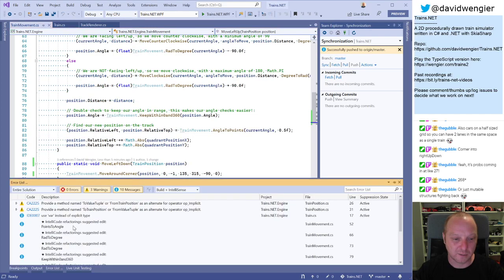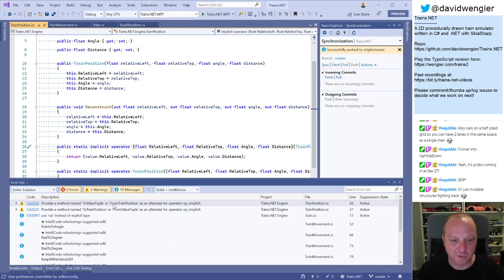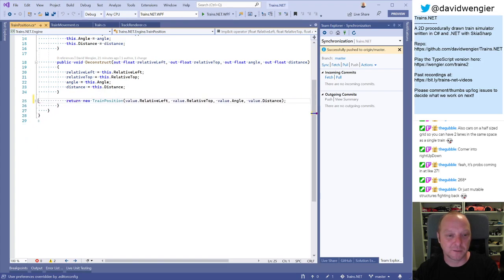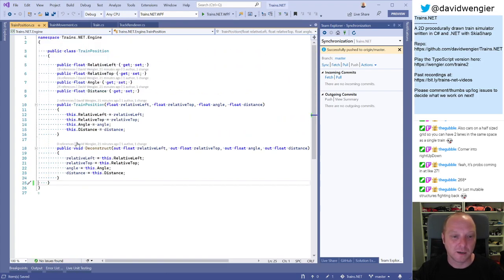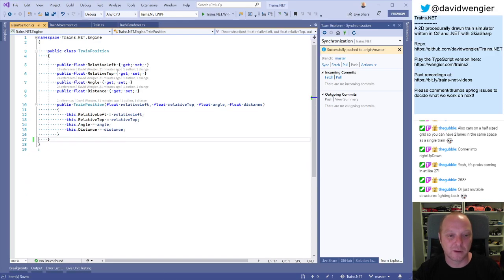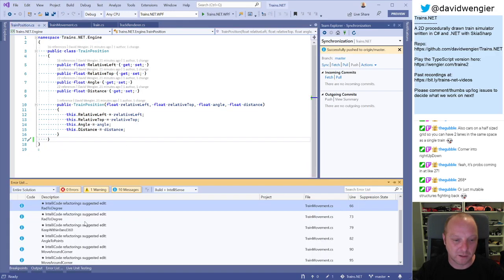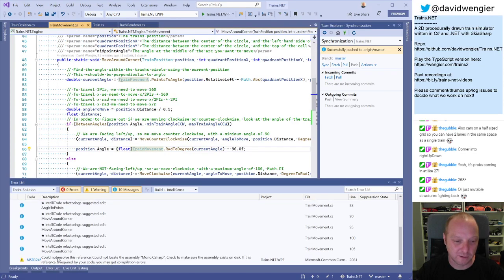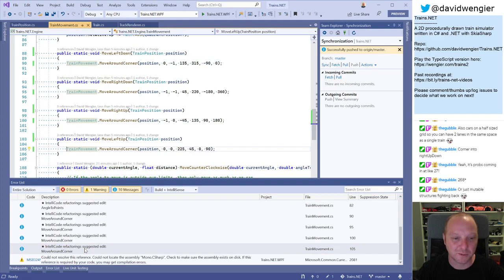And we should say, oh, provide a method name to loadable. Really? I can actually get rid of all of these now. And I don't even need this, I don't think. I'll put it back if we want to. IntelliCode refactorings. Thank you, IntelliCode. You possibly would have been helpful.